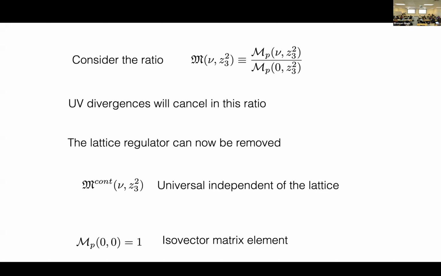And in the case of when I insert the gamma matrix, there is this normalization condition that holds, which is the fact that the charge of the proton is 1. And it is encoded into this matrix element at zero momentum and zero separation. The value of the matrix element is exactly 1 from charge conservation.